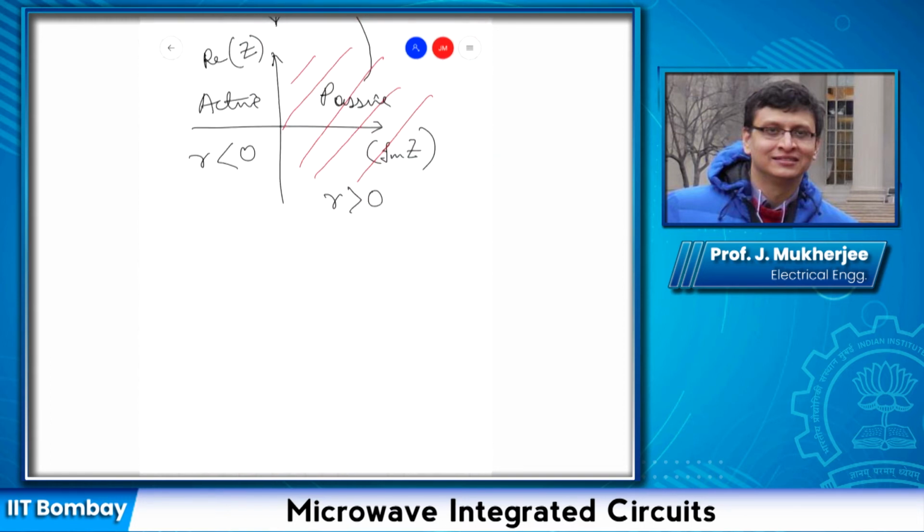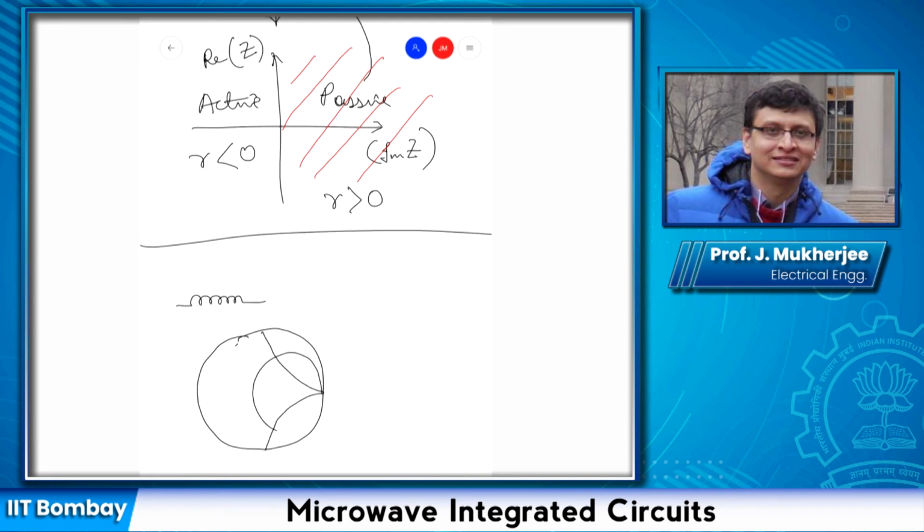Now, if we consider a simple inductance, say a simple series inductor, okay. So if I draw the Smith chart, and so this is the x-axis.